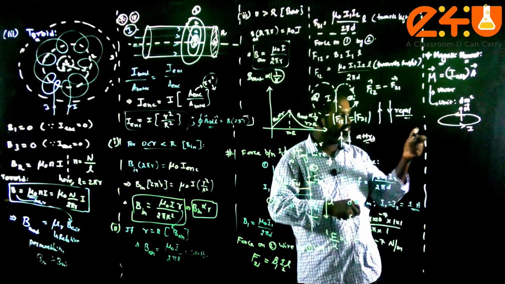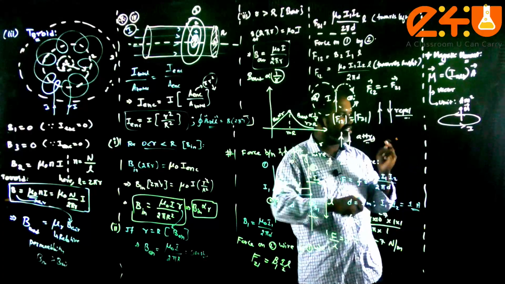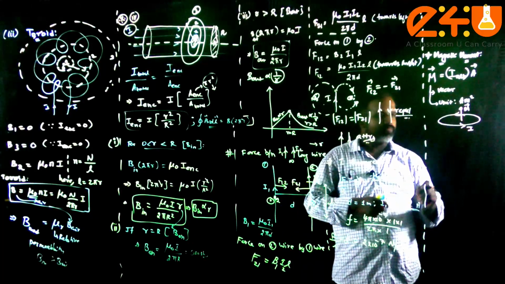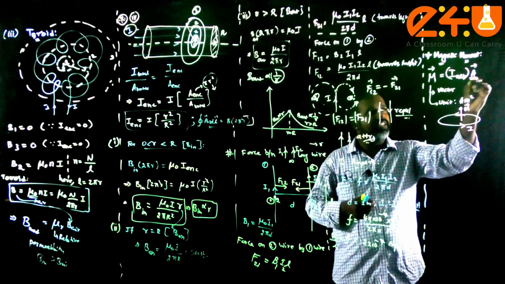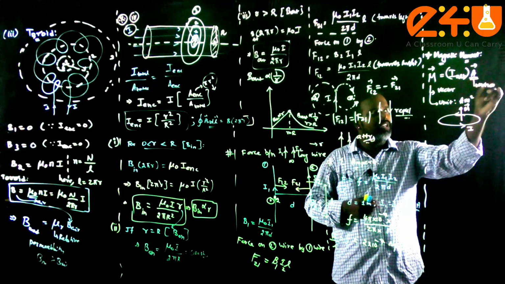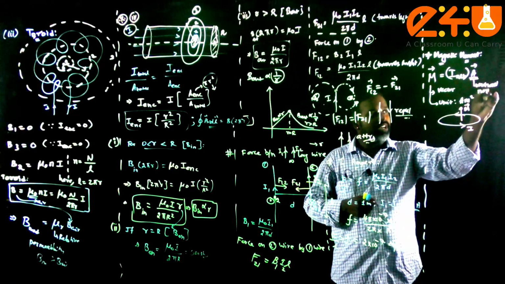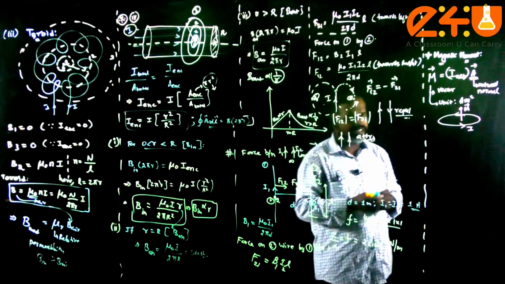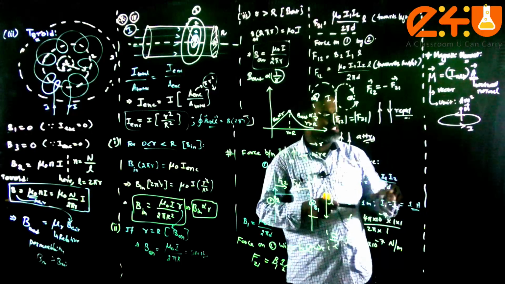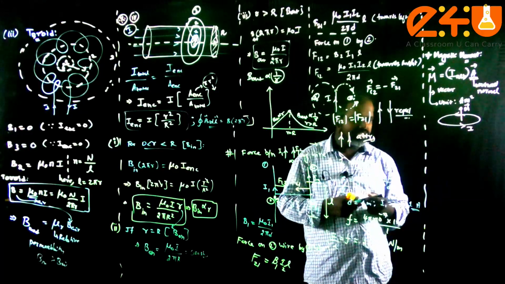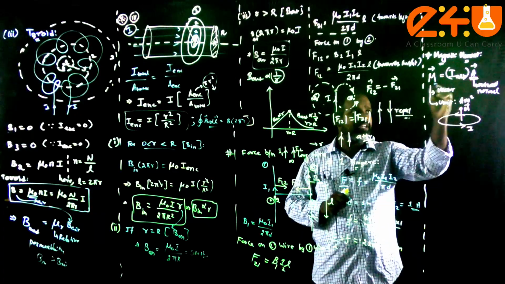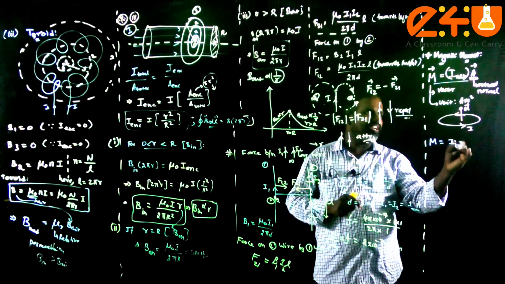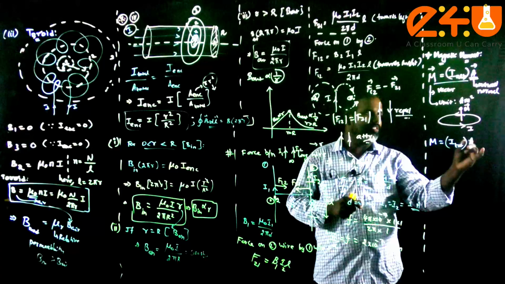The curling fingers represent the current direction, and then the thumb gives us the direction of the M vector. As we said earlier, the area vector is always the outward normal, as we discussed in Gauss law for electrostatics. So this is how to find the direction of the M vector, or in scalar form the same can be written as M is equal to I total or I net, into area.